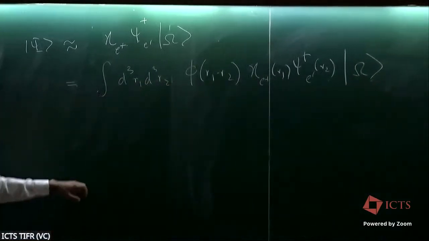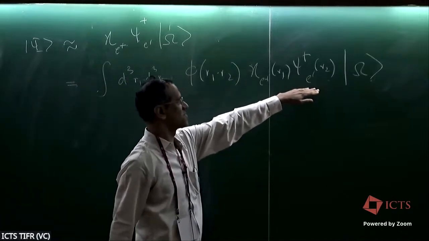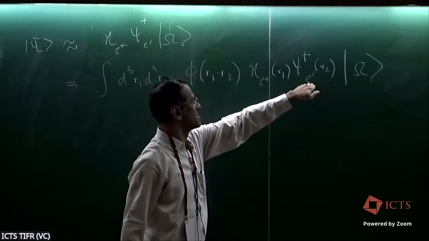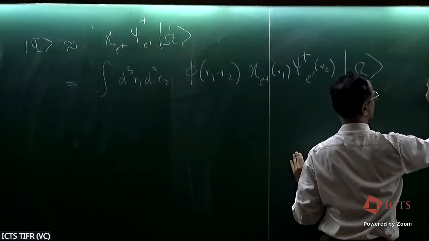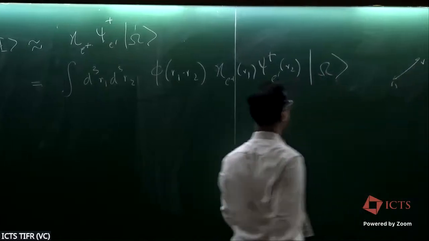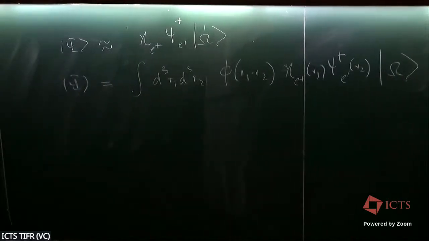That's just saying that my wave function tells me how the state looks when the electron and positron are separated by a distance r1 minus r2. So this precisely is the form of the state.